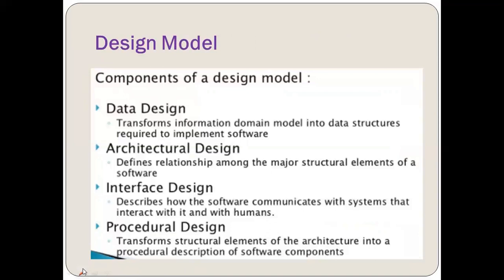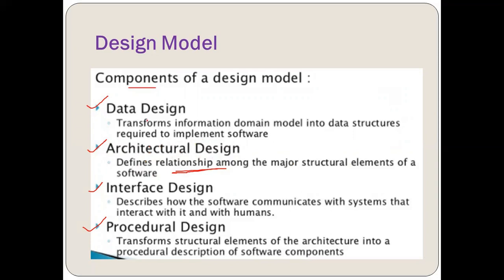Now, what is the design model? In the design model, we have 4 components. These are, first of all, the data design, architecture design, interface design, and procedural design. Data design transforms the information domain model into data structure required to implement the software. Architectural design defines the relationship among major structural elements of the software.